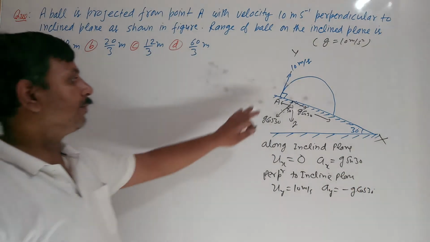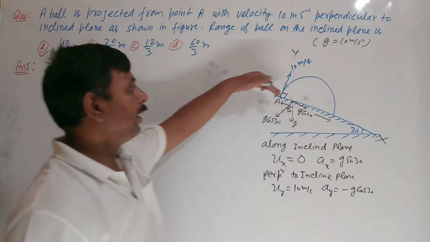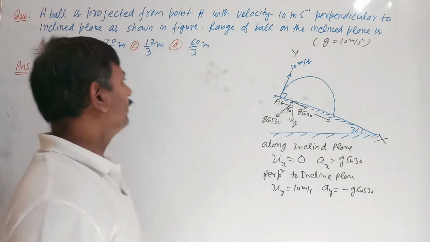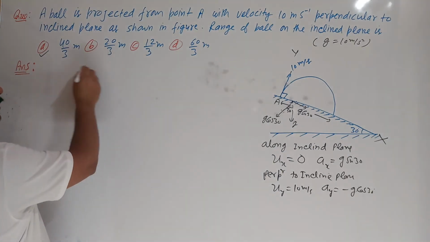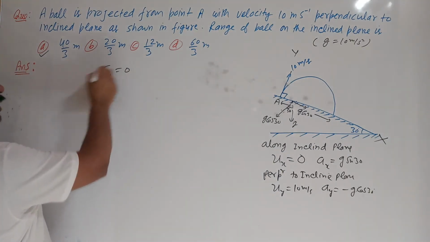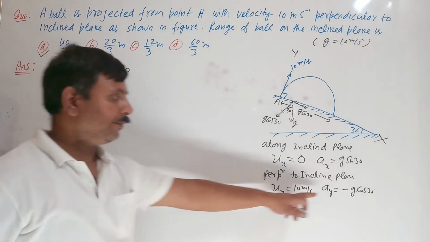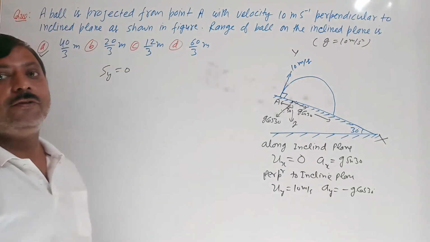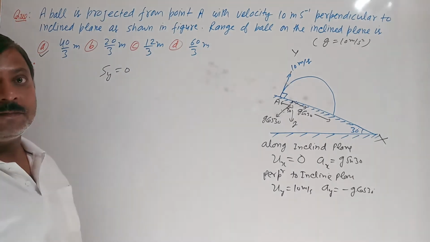So see, perpendicular to the inclined plane, the net displacement, again it will reach the inclined plane. So net displacement Sy is 0. Initial velocity they have given, so you can find the time of flight.